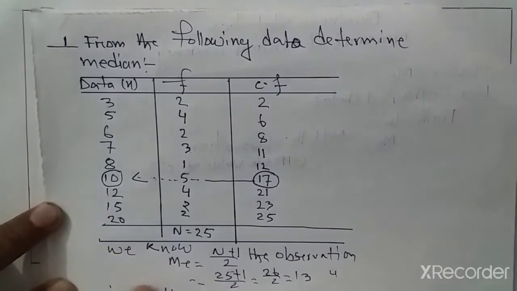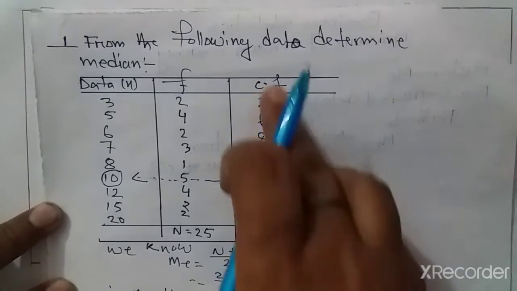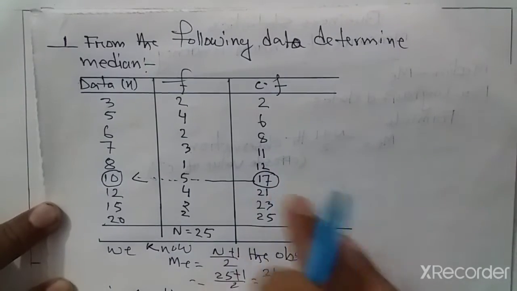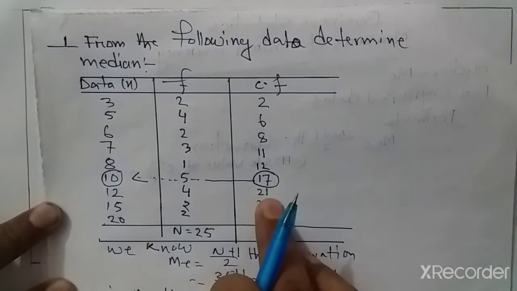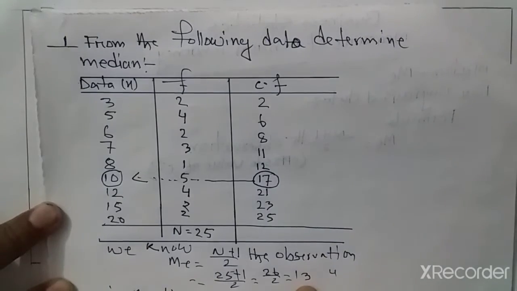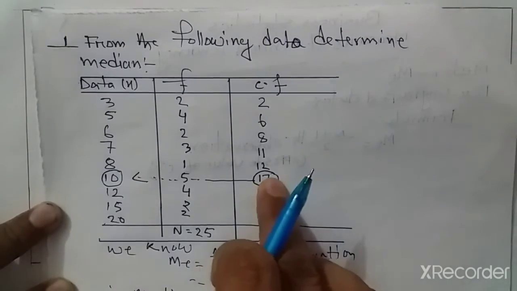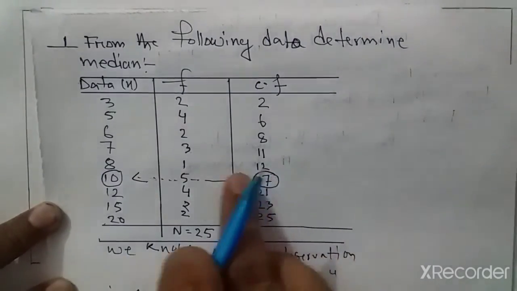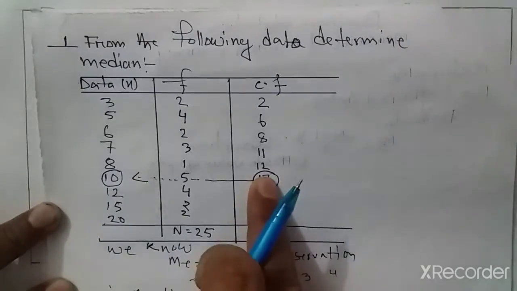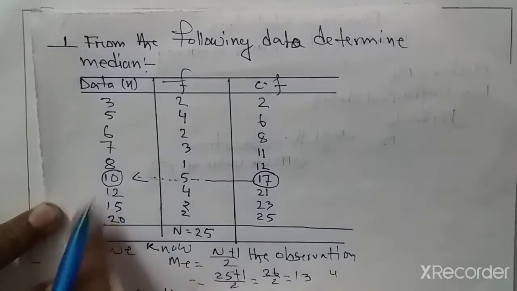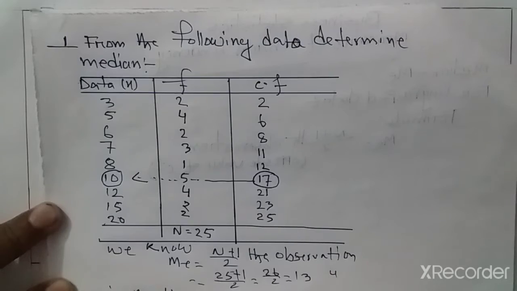We know the ungrouped data formula is median equals (n plus 1) by 2 the observation. N means 25, 25 plus 1 divided by 2, the 13th observation. The 13th observation lies in CF 17. The opposite value of CF is 10. Therefore median is equal to 10.